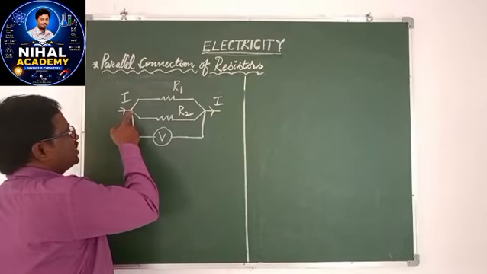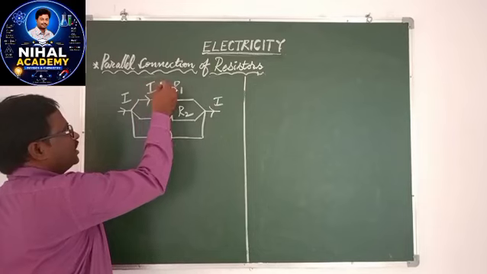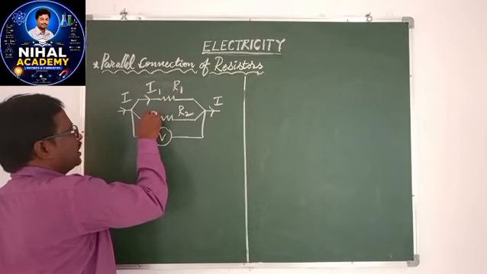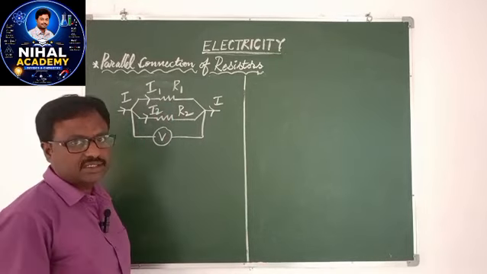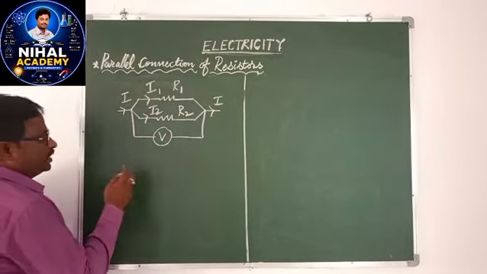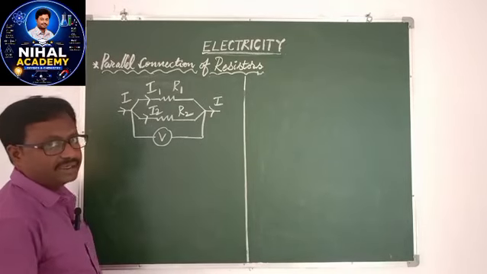Now when the current comes to the junction, it splits into parts. So I1 amount of current passes through R1 and I2 amount of current passes through the R2 resistance. Now we will apply the resultant resistance formula for resistors connected in parallel.